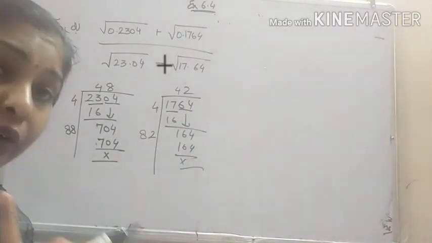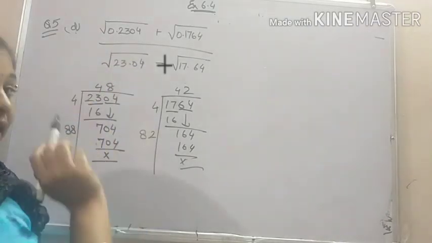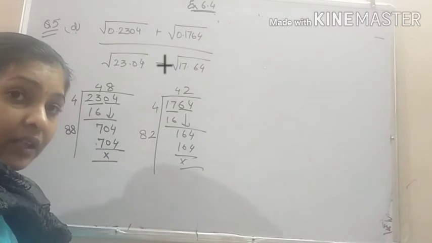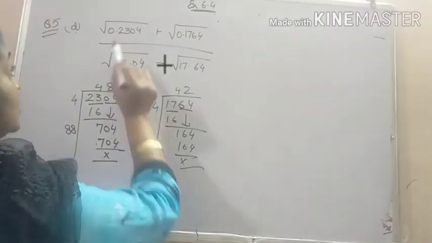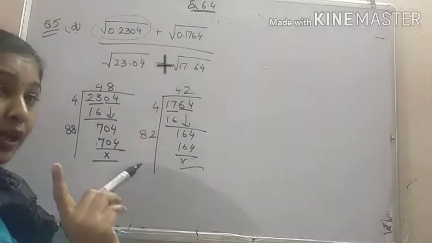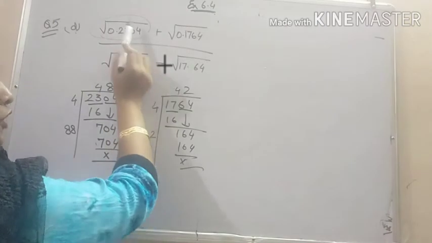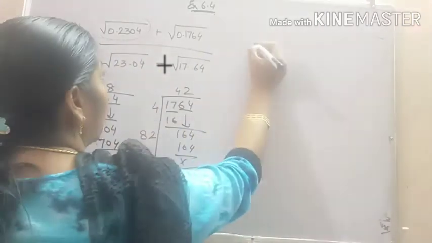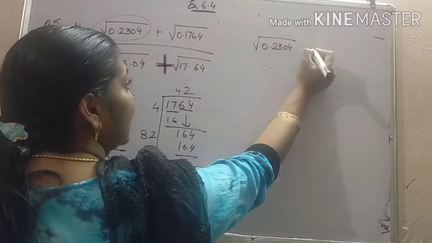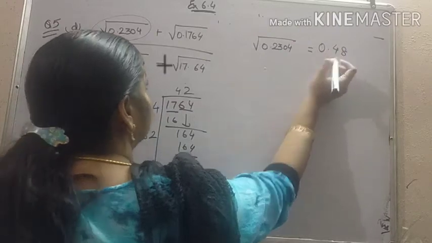Now I told you in previous modules that the number of digits in the square root is half that of the given number. So in the square root of this number, the number of digits after the decimal will be 2, half of 4. So under the root, 0.2304 will be equal to 0.48.